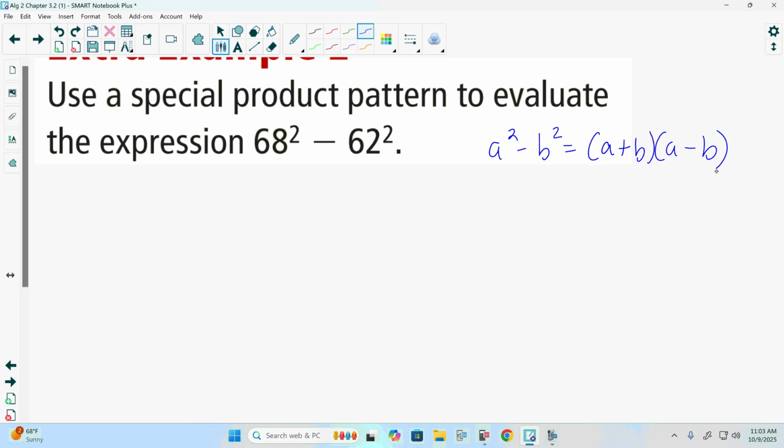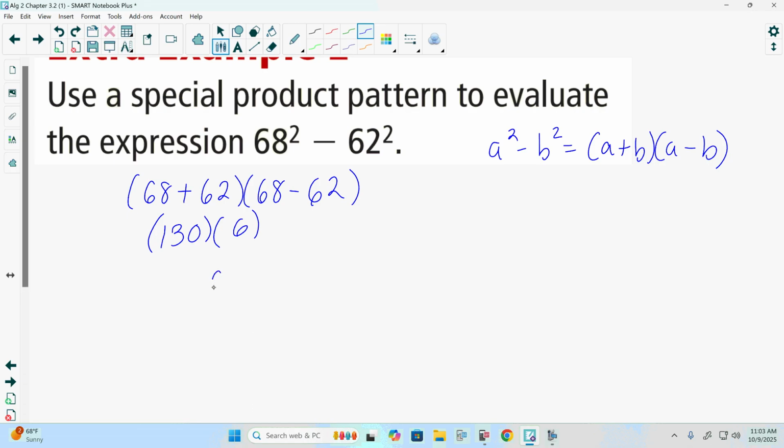Which for us here would be 68 plus 62 times 68 minus 62. 68 plus 62 would be 130. 68 minus 62 is 6. So we get 780, yes? Questions on how we did this here? We ready for the next one?